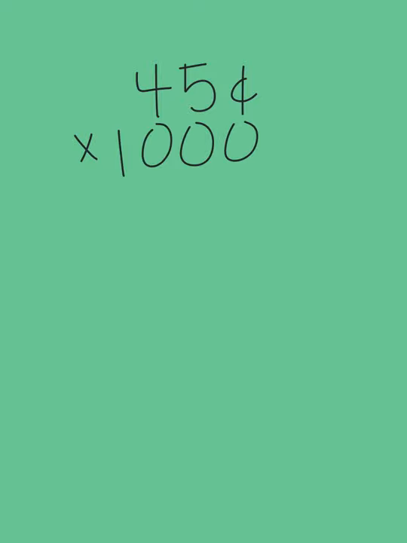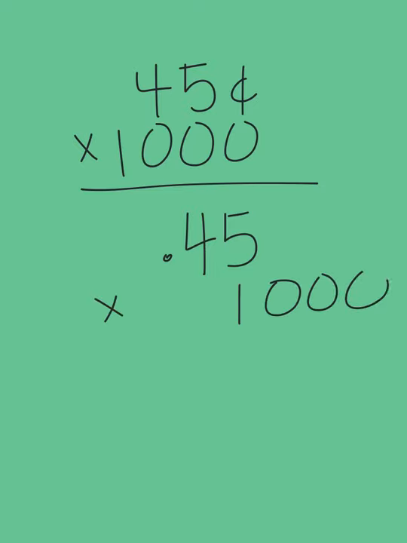Let's try another one. This is 45 cents times 1,000. Now we know that 45 cents, written as a decimal, is like this. And we're going to multiply it by 1,000. Now, how many zeros do we have in 1,000? We have 3.